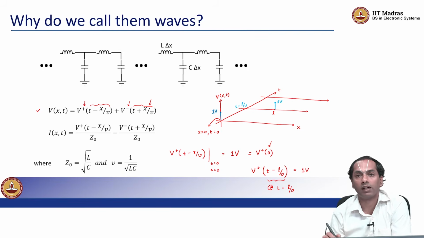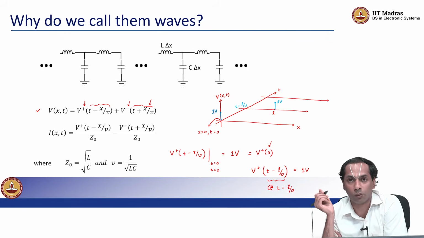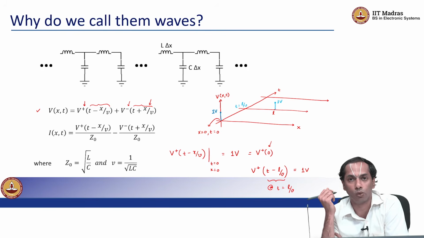So initially I launched a pulse voltage of height 1 volt at a location which I called x equal to 0 and at a time t equals 0, and I am trying to follow where this voltage is going.